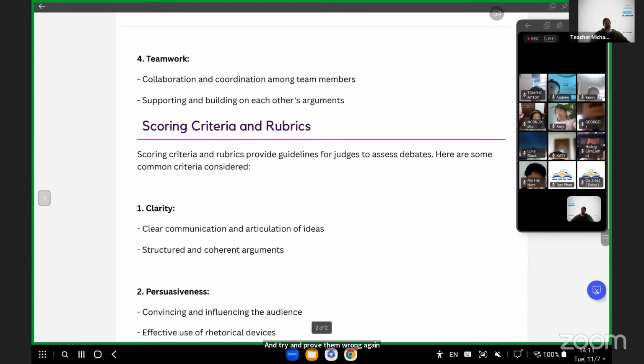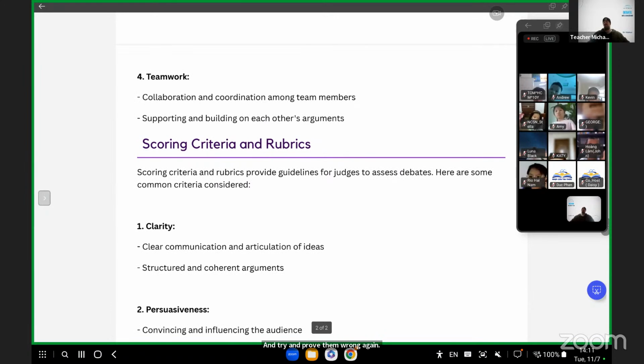And finally, the judges will score your teamwork. You don't want just 3 people sitting there with their own arguments. They haven't worked with their teammates and they're just saying what they've got to say and then they go home. To be a good debating team, you need to work with your teammates.